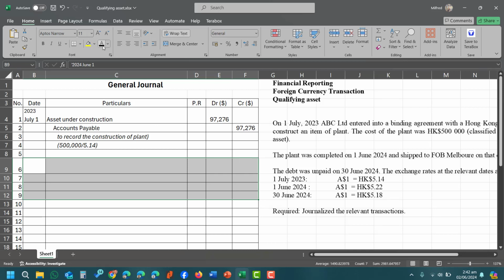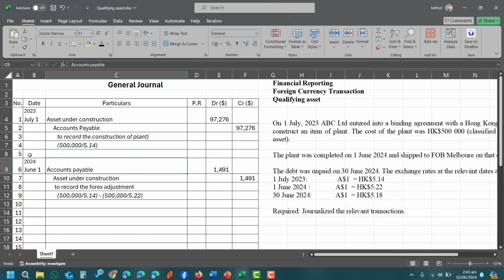So the next entry is to recognize the completion of the project. But before that, you do the adjustment. The adjustment here is debit accounts payable and then credit asset under construction. What happened here is that your accounts payable becomes lower than at the beginning stage.